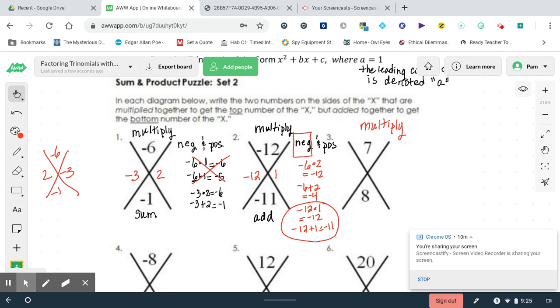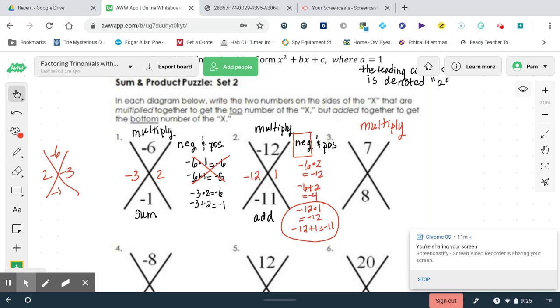So again, these signs have to be the same up here to get a positive. So if you choose two positives and this number is positive, these numbers have to be positive. If this number is positive, but this number is negative, then you need to choose two negatives. So this at the bottom tells you whether you need to put two positives or two negatives.